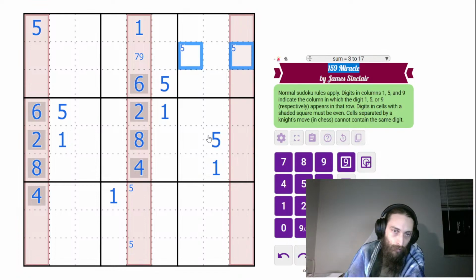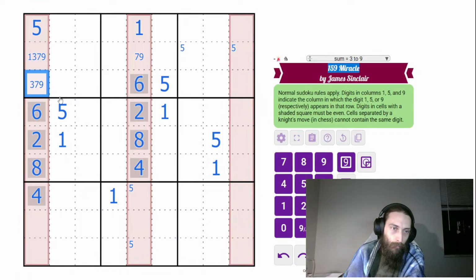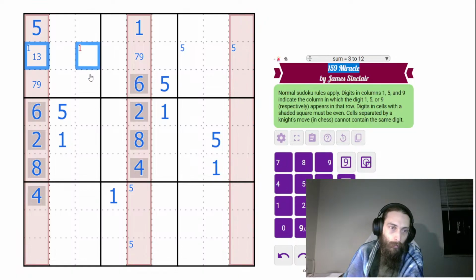And I still have 5 like this. 1, 2, 3, 7, 8, 9. 2 and 8 aren't allowed, and that can't be a 1. And now this also can't be a 3, because this one rules it out of all of those. So this is the high digit, and this is the low digit, where 1 is one of those two.